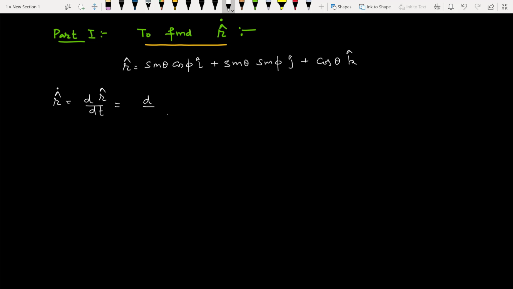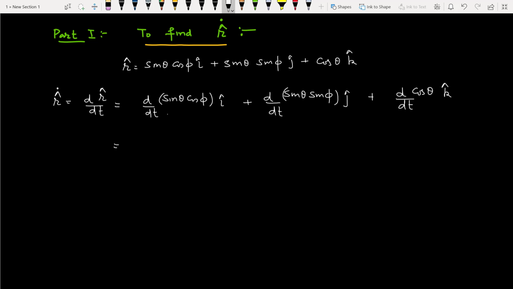So it means derivative of sin theta cos phi i cap, plus derivative of sin theta sin phi j cap, plus cos theta k cap. Its derivative is done with the help of product rule.